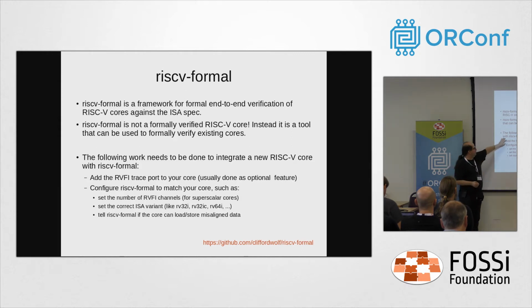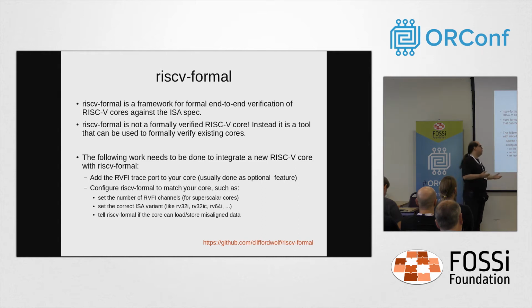So first, we need to add an additional port to the core, the RVFI, RISC-V-formal interface trace port. This is something that's usually done as an optional feature that you can configure to be enabled or disabled. And then you formally verify the version of your core with this trace port enabled.